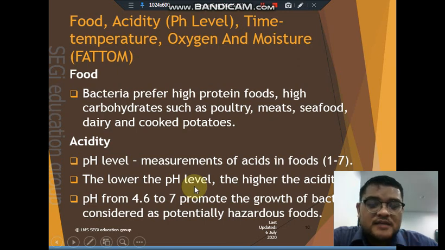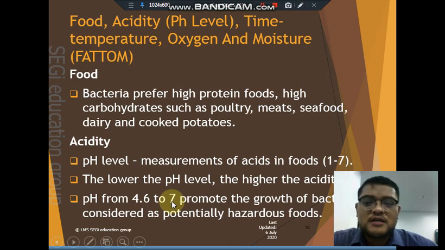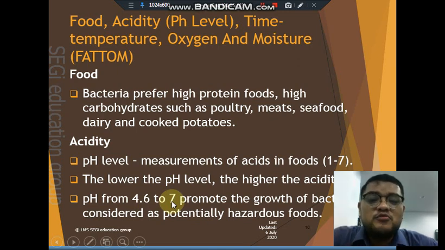If it is high in acid or high in alkaline, the food is safe. But when the food is between 4.6 and 7 pH, it means it is not really strong in acid and not really strong in alkali, and the food will easily get spoiled. Guys, I give you one example.